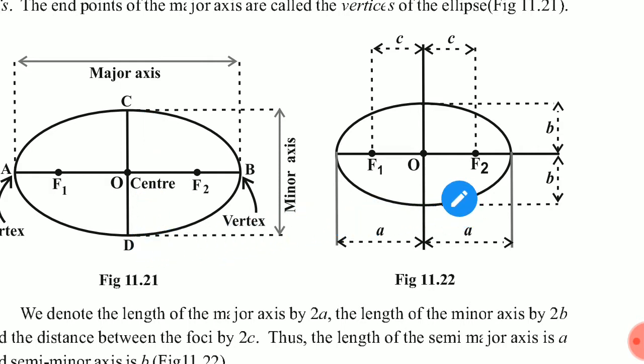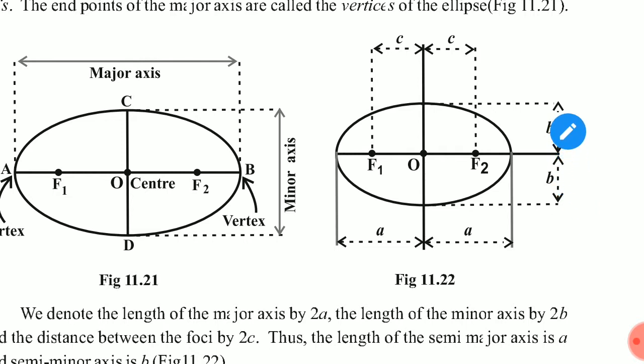Now you can see that from the origin, vertex A is at a distance of a and vertex B also at a distance of a. Similarly vertex C is at a distance of b from the origin, and downside point D is also at distance b, so the total length of the major axis becomes 2a and the minor axis equals 2b.